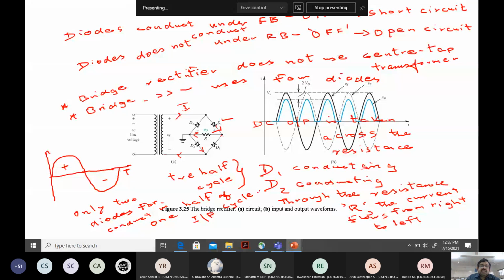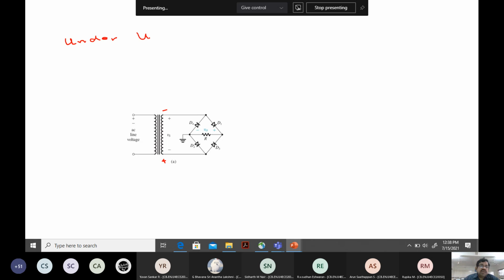Now it is not difficult to see D3 and D4 conducting like this. When the input alternates between positive and negative, this will become positive and this will become negative. So this is under the application of the negative half cycle input.